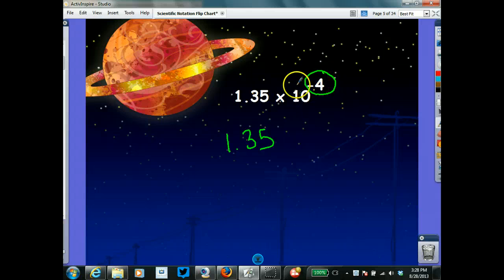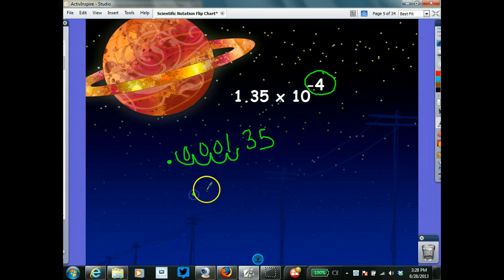When I have a negative exponent, I'm going to have a decimal in front of the number. So negative exponent, I need to move it 4 times. 1, 2, 3, 4. So I'm moving the decimal to in front of the number instead of after it.